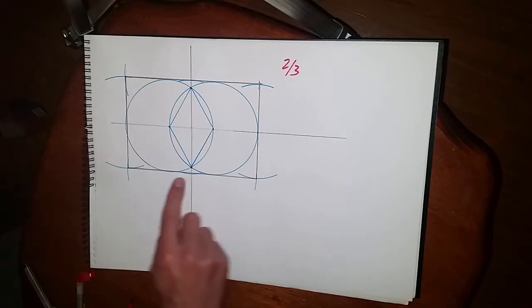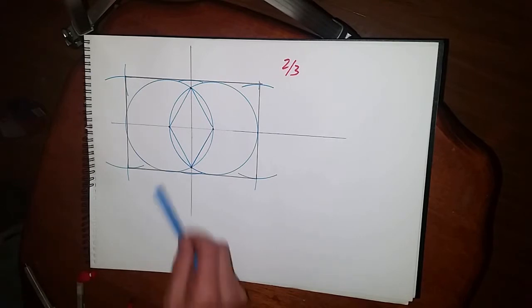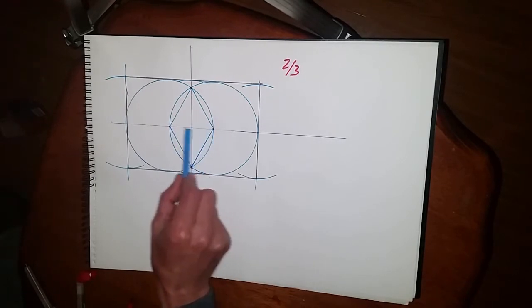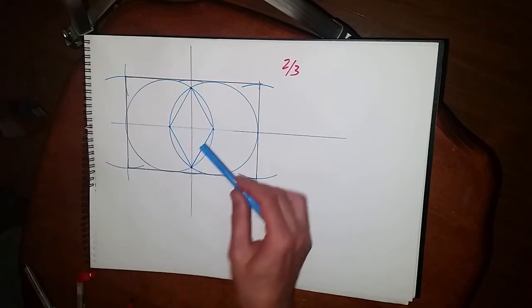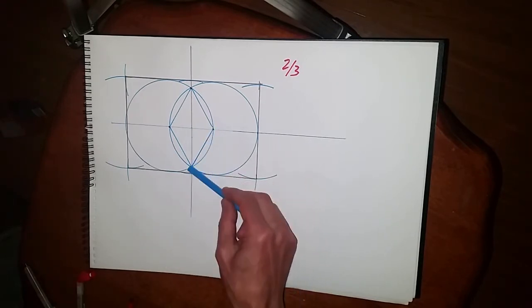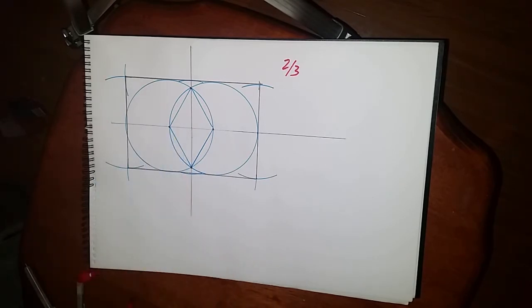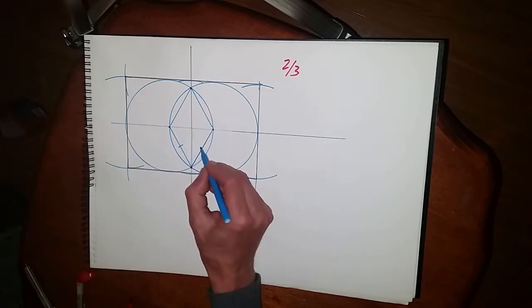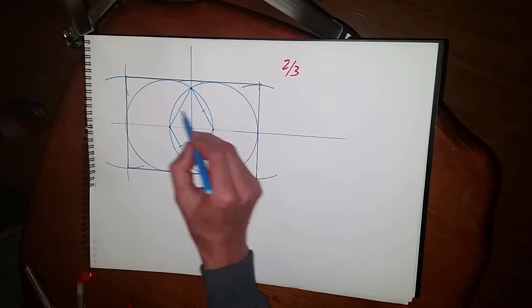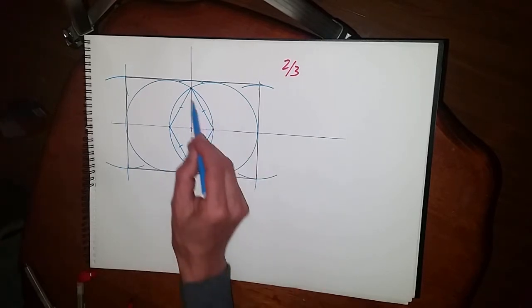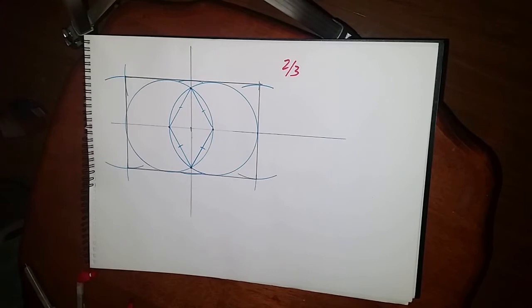And because we know the setting of the compass, we know that the radius is 1. If we define that as 1, we know that this is of equal length as well, because that's from the center to the edge of the circle. So we know that this is 1, this is 1, that is 1. So what we have is 2 equilateral triangles stacked on top of one another.